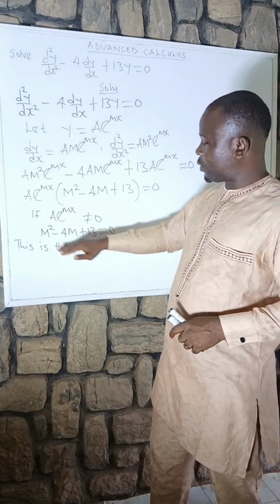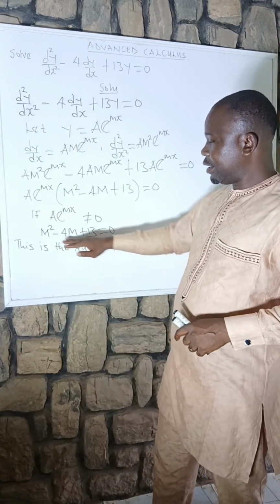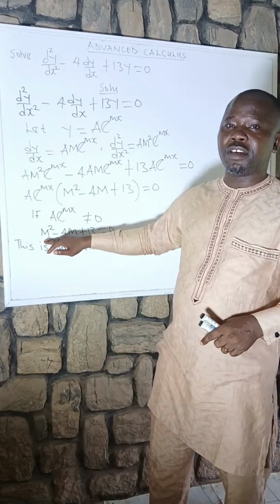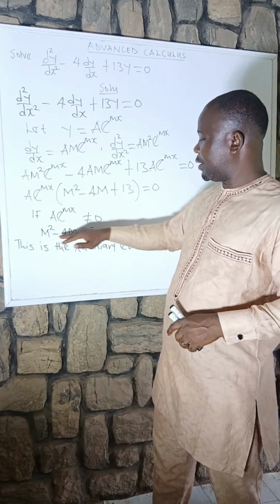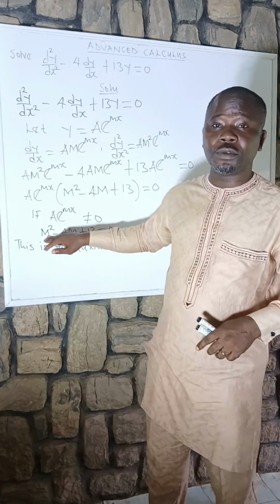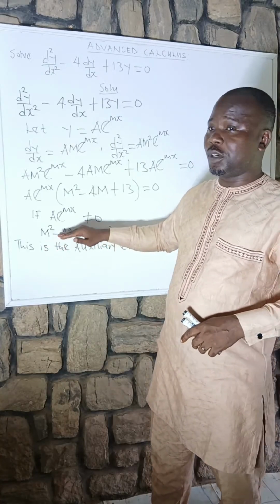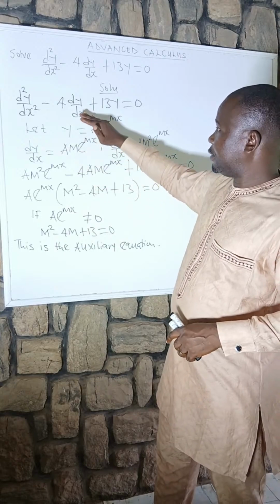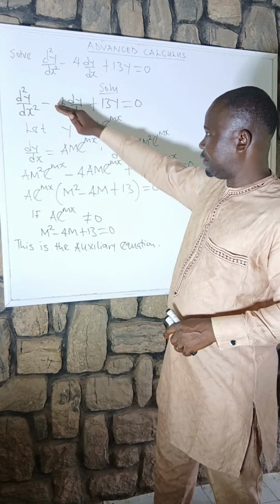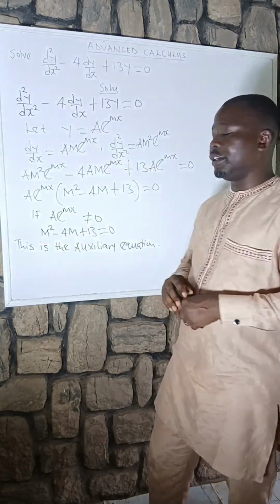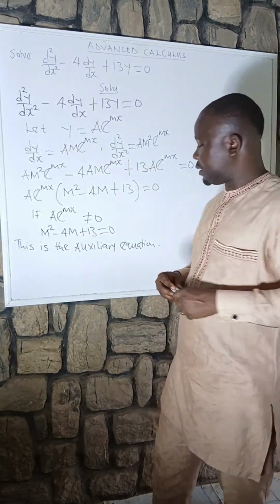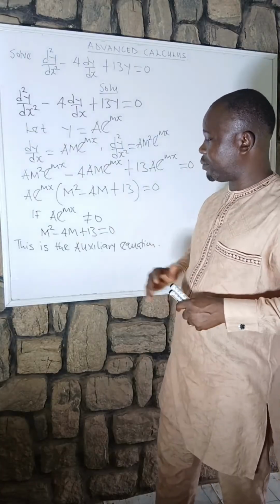Rather, it is known as an auxiliary equation. Please take note. Whenever you hear somebody calling this an auxiliary equation, mind you that it was a product of a differential equation. That is why it is called an auxiliary equation. Is that clear? Any questions so far?